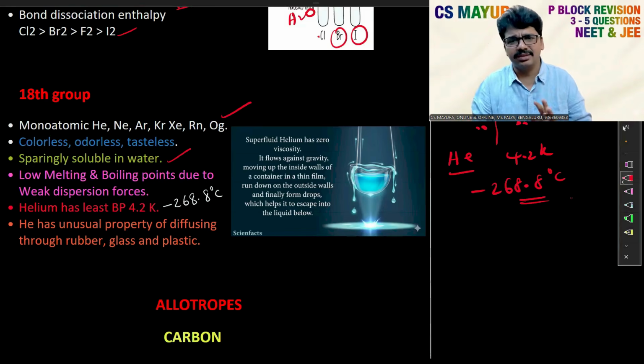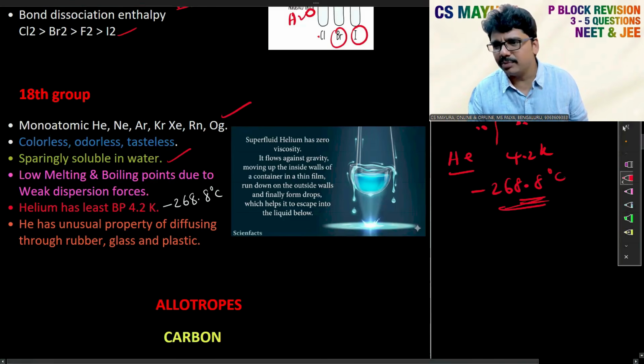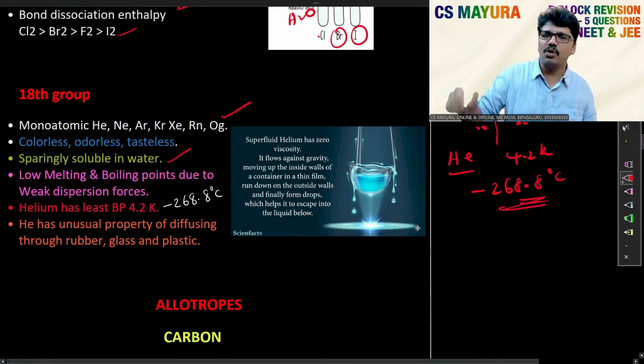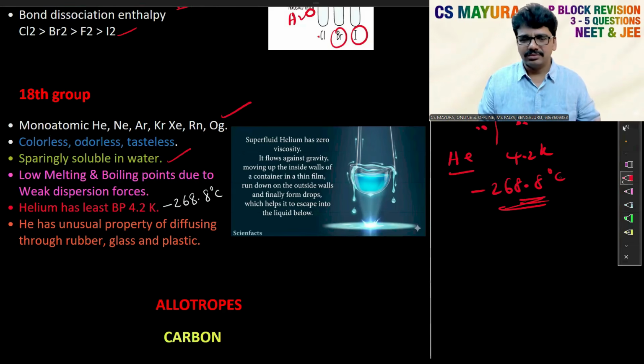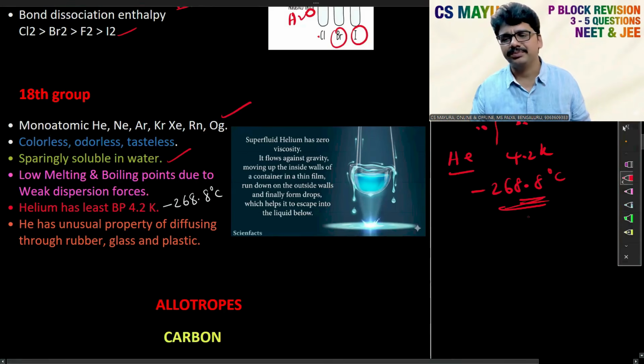No one has seen minus 273 degrees Celsius even today. So theoretically, the least possible temperature is absolute zero, which is minus 273. What I am trying to say is that this minus 268.8 degrees Celsius is close to absolute zero. That much lower boiling point is there for helium.